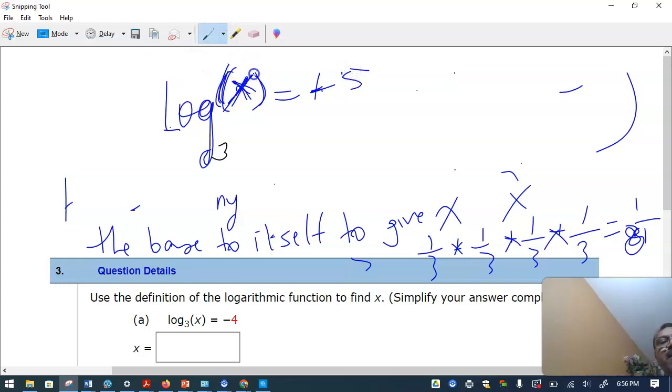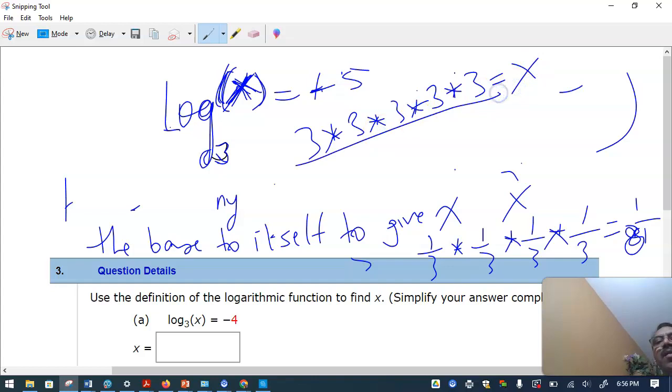So what is x now? He's already saying 3, so 3 multiplied by itself 5 times gives you x. You know this answer: this is 81, and you multiply another one, it will give you 243.